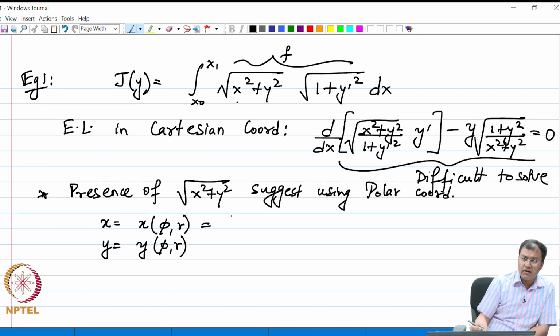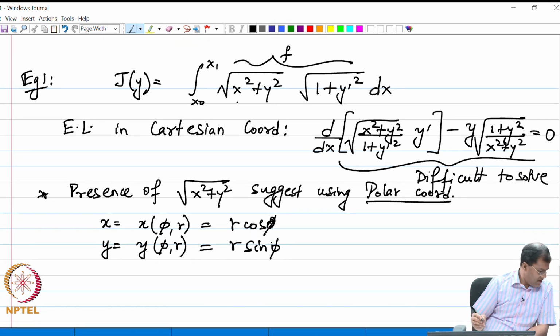We know the explicit expression here in polar coordinates: x is r cos theta, let us say r cos phi, and y is r sin phi, right.